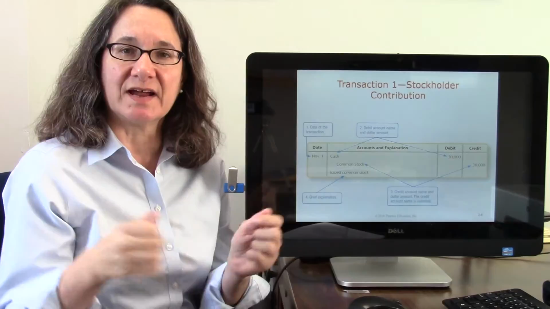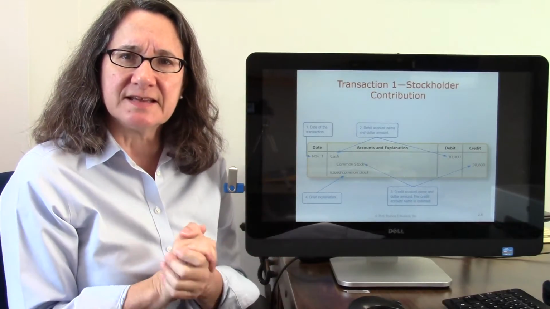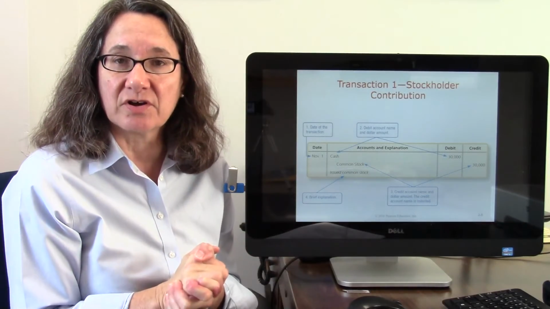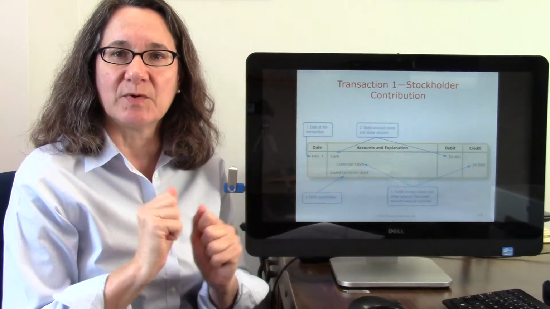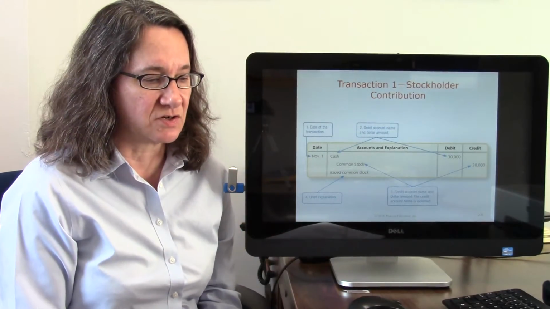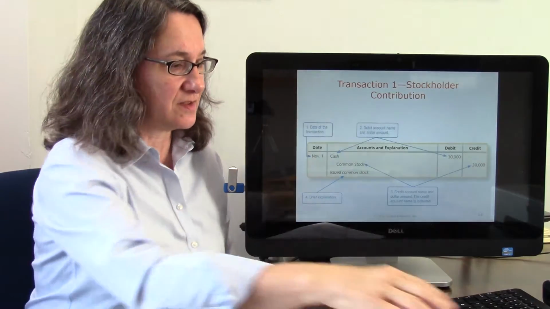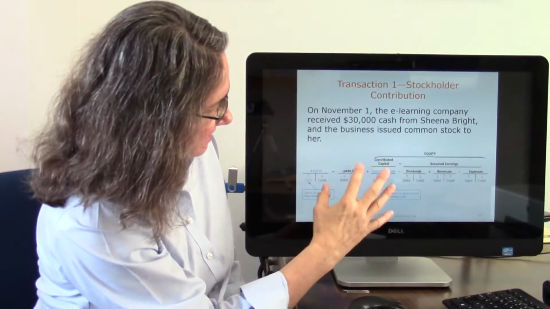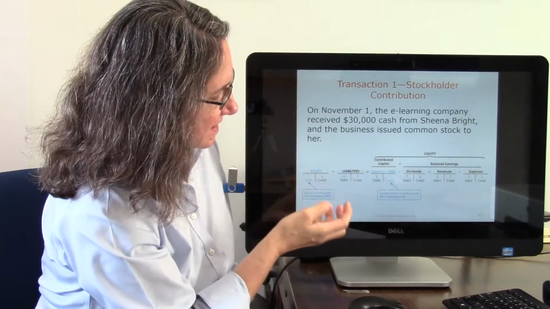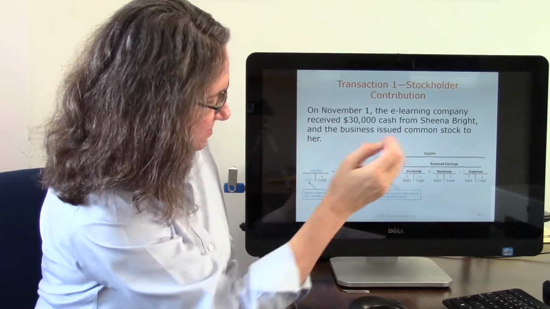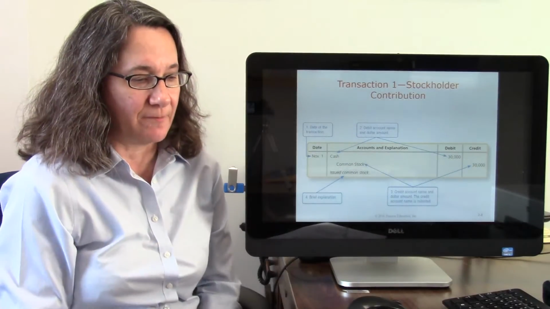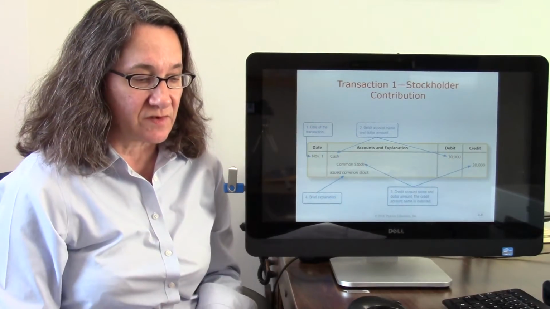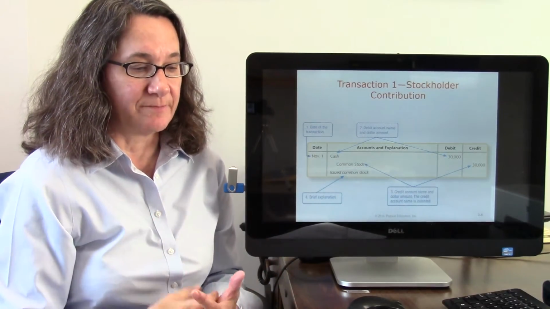A source document like a stock certificate that tells us this transaction occurred, or a receipt written into a book somewhere. So as the accountant, you're thinking, okay, what happened? I've analyzed it. I know I need to increase the asset cash and I need to increase equity, common stock. So I figure out what's my debit, what's my credit.